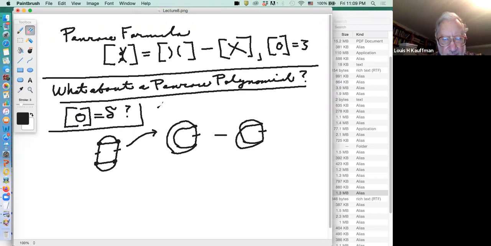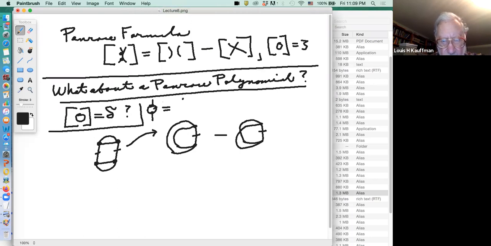just a little aid to calculation. If you were looking at this somewhere in a graph and doing the Penrose calculation, then this is going to be equal to, we'll use this one.